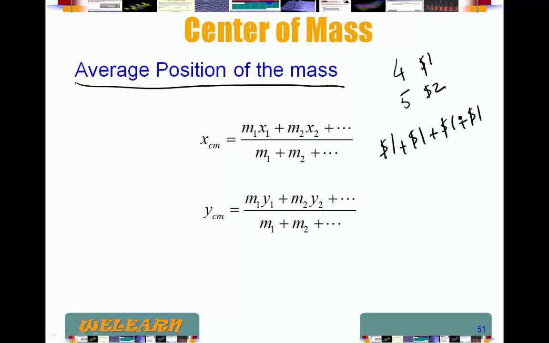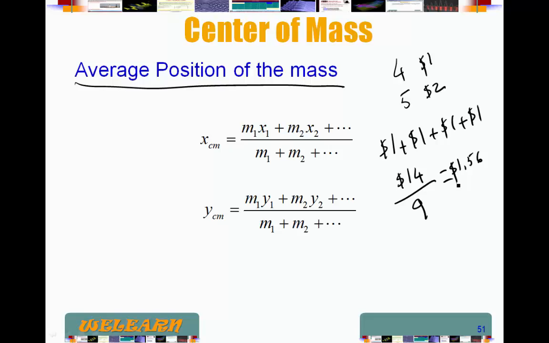So it's going to be 4 plus 10, that's $14, divided by the number of students, that's 4 plus 5, that's going to be 9. So the average amount of money that the students have is going to be 14 over 9, which is approximately $1.56.